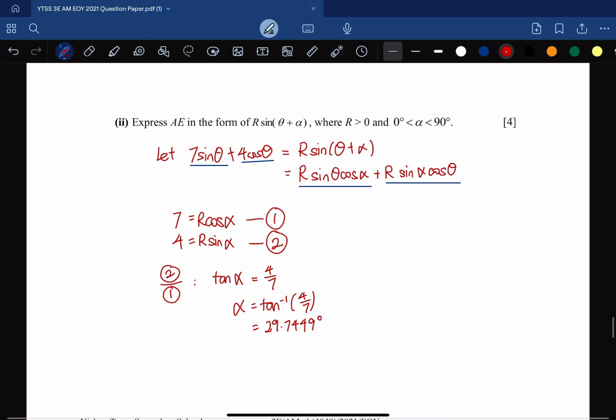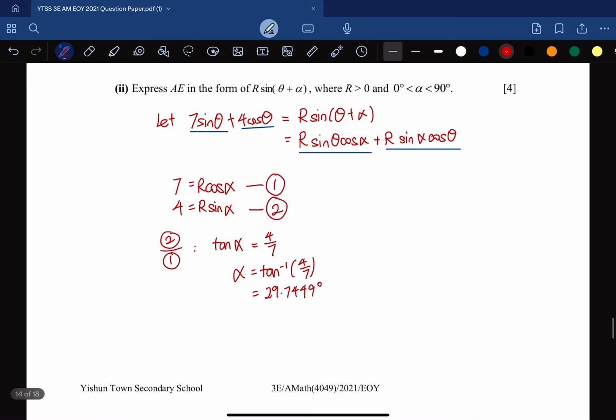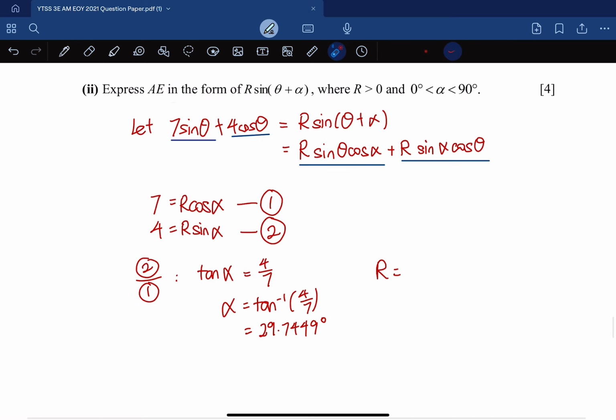Then from here, I can now find my R. We know that R is simply the square root of the sum of the squares of these numbers. So R is simply equal to square root of 7 squared plus 4 squared, which will give me square root 65.